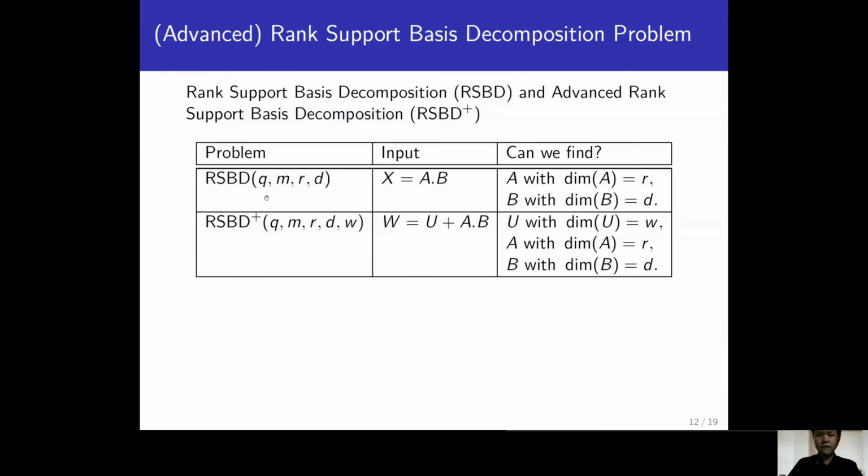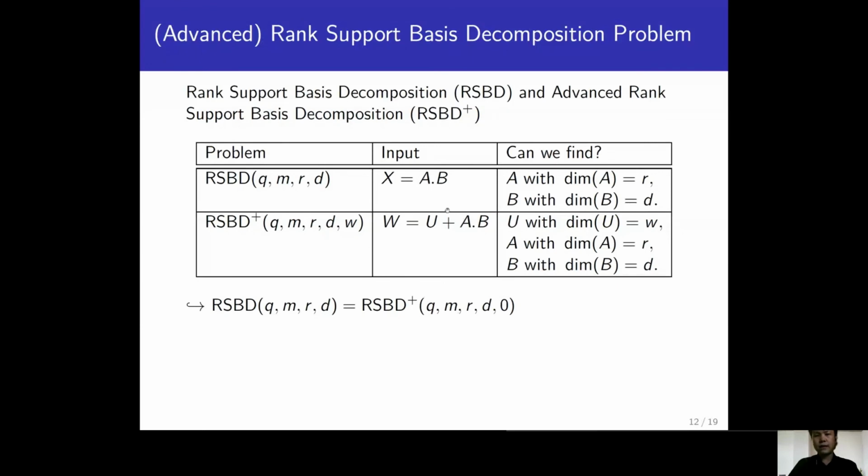We also define this advanced rank support basis decomposition problem. Similarly, we are given this W, a vector space of this form. Are we able to decompose it into U plus AB that fulfills all the conditions over here? That's one of the problems that we define in this paper.